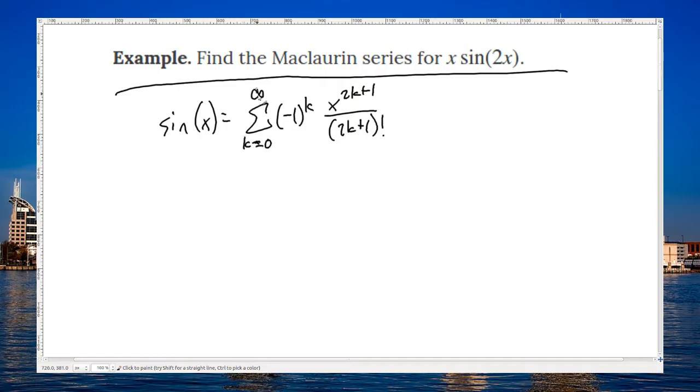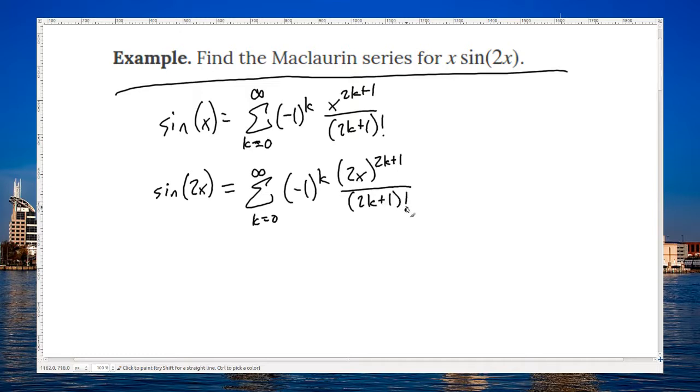And we're going to use both of these tricks, multiplication and composition. So the first thing I'm going to do is use composition to get a 2x, and all I'm doing is changing that x to a 2x. Everything else stays the same.